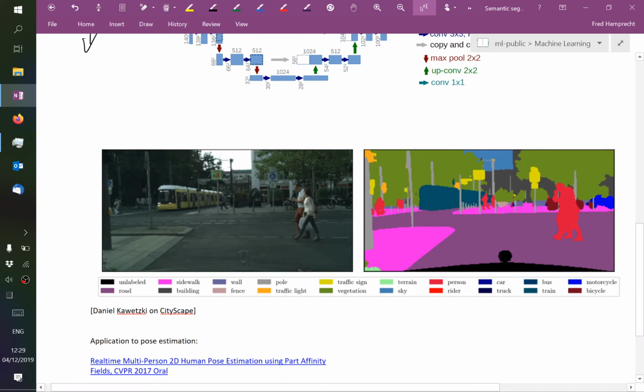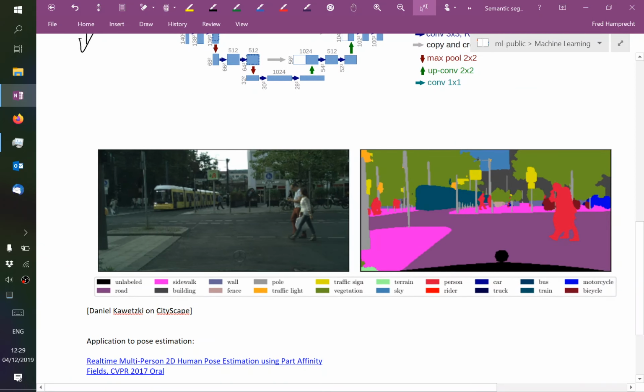And for people who have worked in computer vision for a longer time, the kind of result which we see on the right-hand side is truly stunning, because people had been working on this kind of problem for decades, and this is just so much better than anything that was achieved previously.